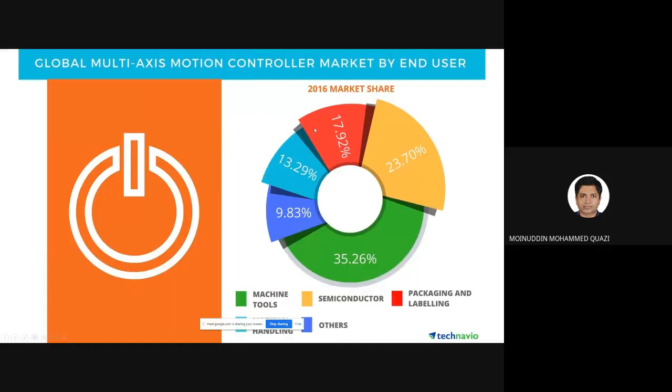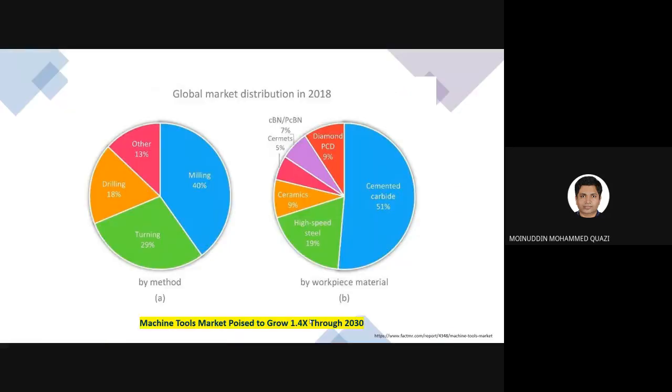Here you can see in 2016 as well that CNC technology was used in machine tools, semiconductor packaging, other handling systems, and in other industries. So they are relatively mixed when it comes to the ratio by which the growth is increasing.